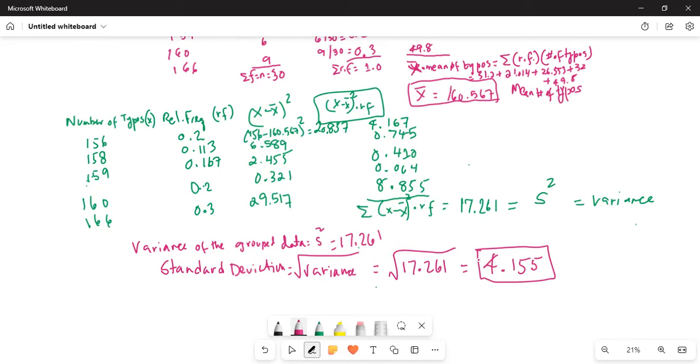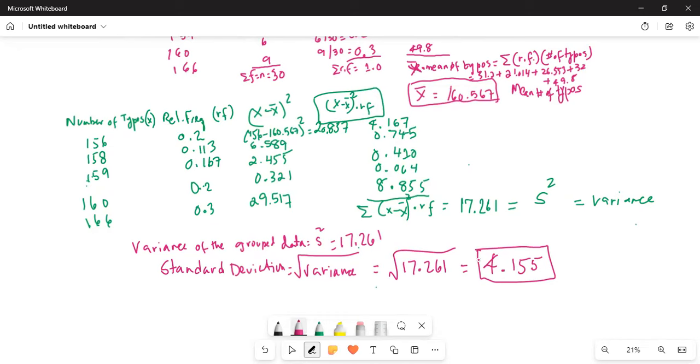And my relative frequency is 0.2, 0.113, 0.167, 0.2, and 0.3. Stat, calc, 1. Yeah, we get numbers in the same ballpark.